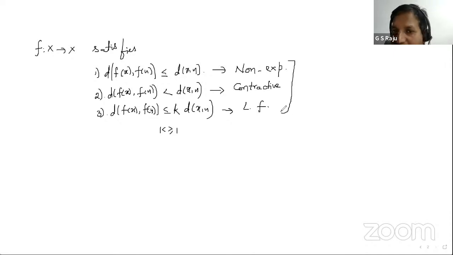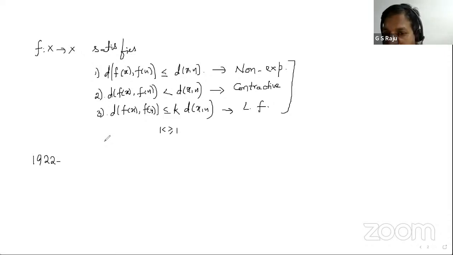As we discussed earlier, in 1922 Banach established the Banach contraction theorem, which says that if we have a complete metric space and a contraction mapping on it, we will have a unique fixed point.